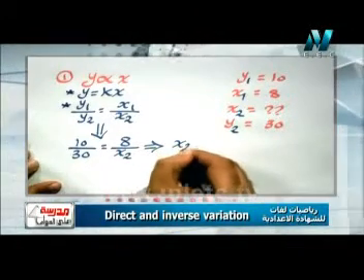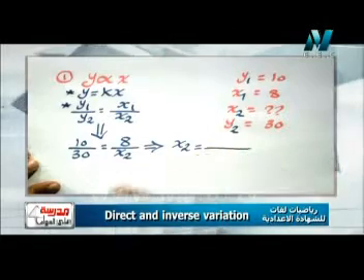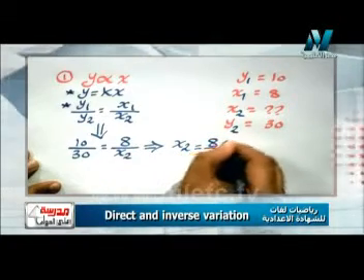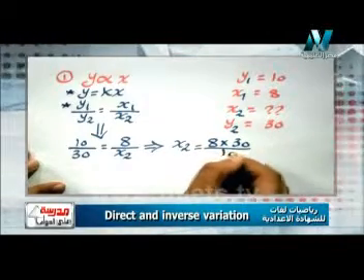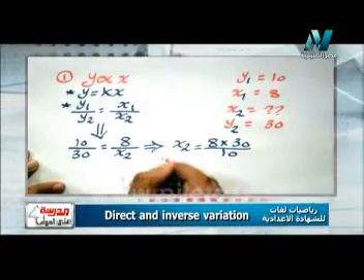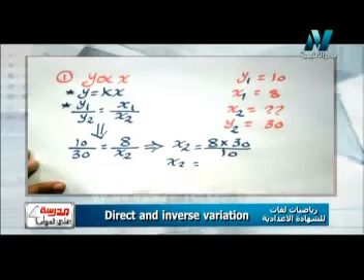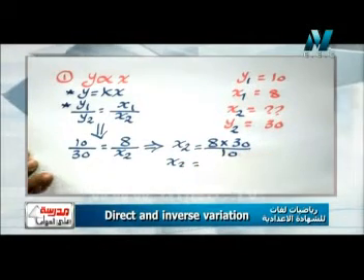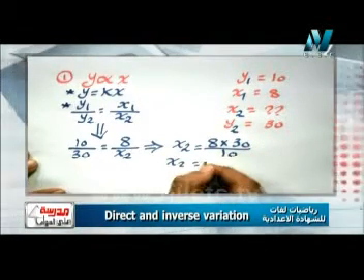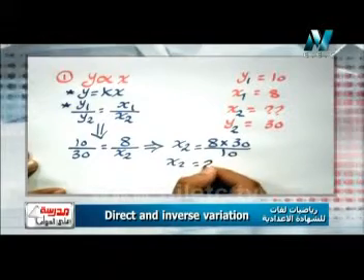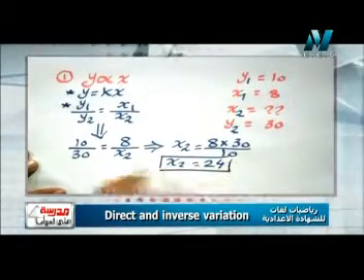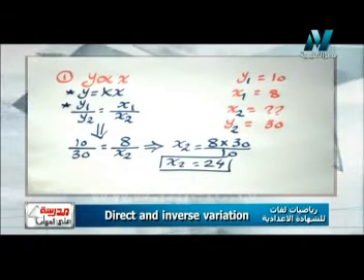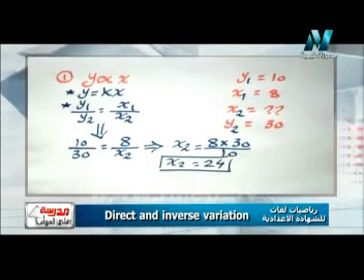I'll say that x2 equals 8 times 30 divided by 10. We can find the answer. x2 equals 8 times 30 equals 240, divided by 10 equals 24. So x2 equals 24. If you want to check your answer, you can make cross multiplying.